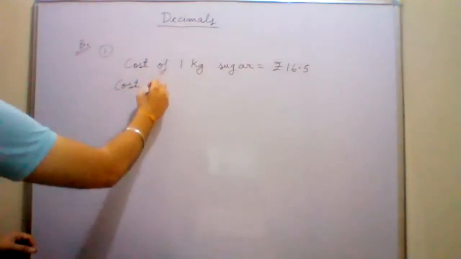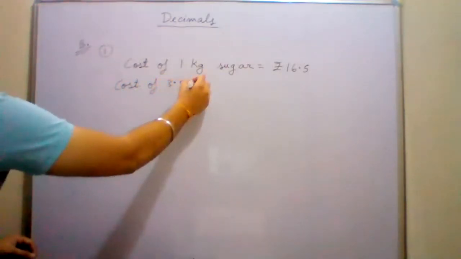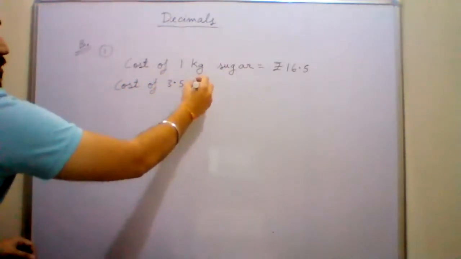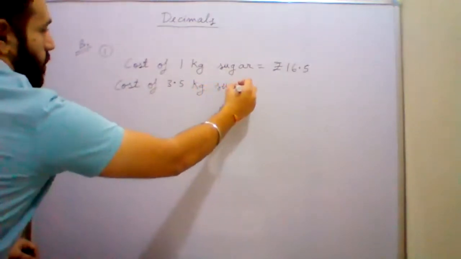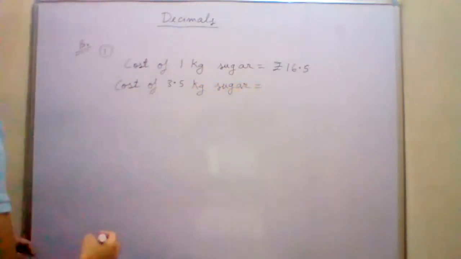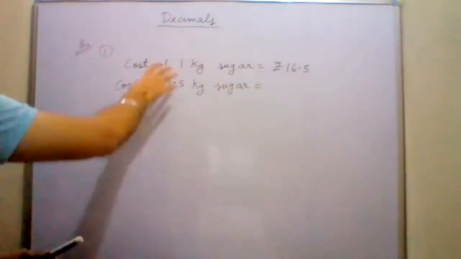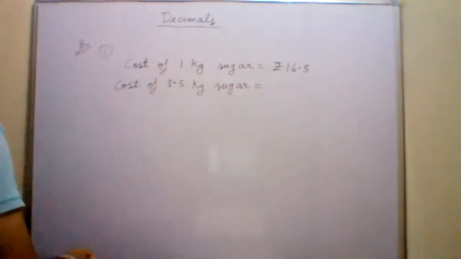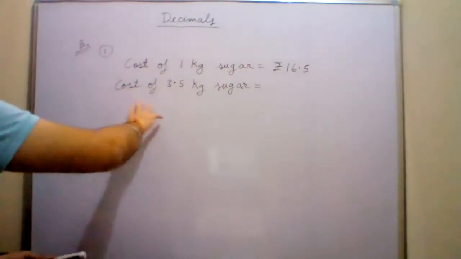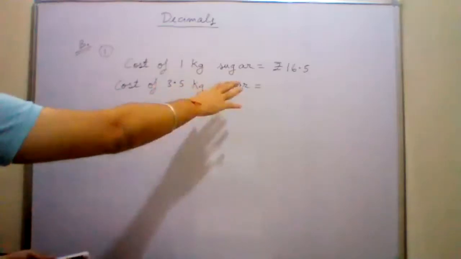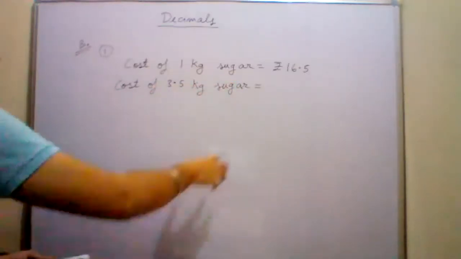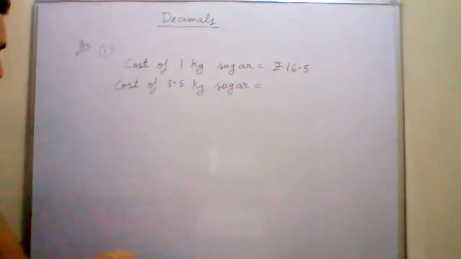No beta, you only have to write the answers, not copy the question. Write down: cost of 3.5 kg sugar. So how to find the cost of 3.5 kg sugar? What should we do?